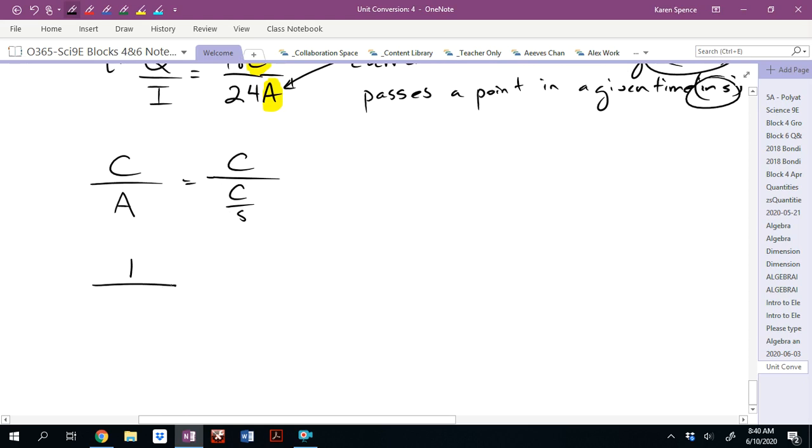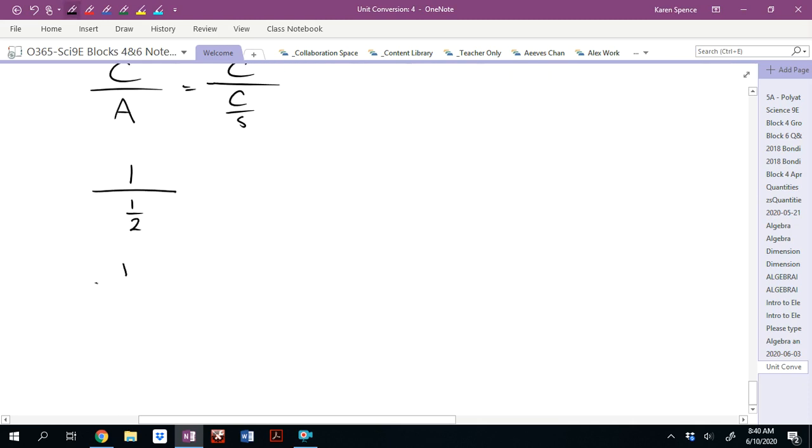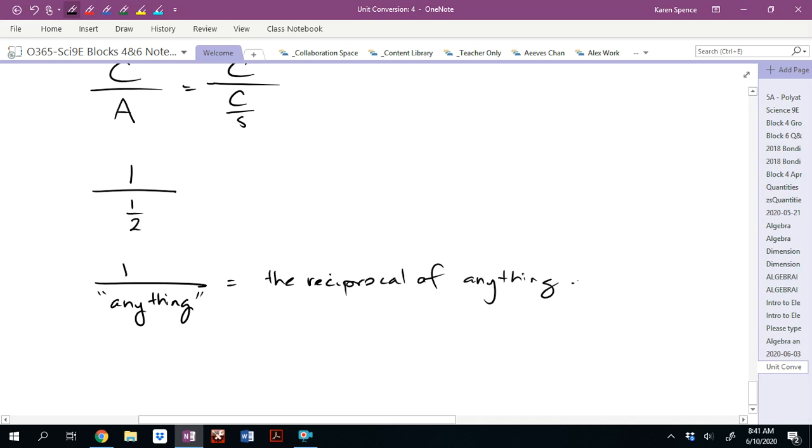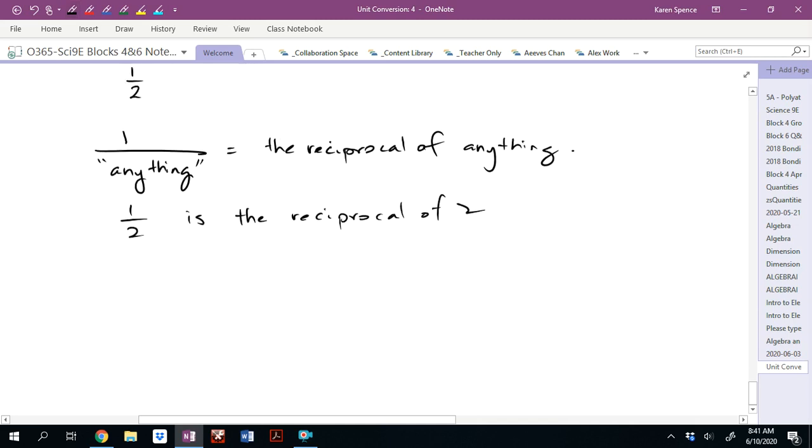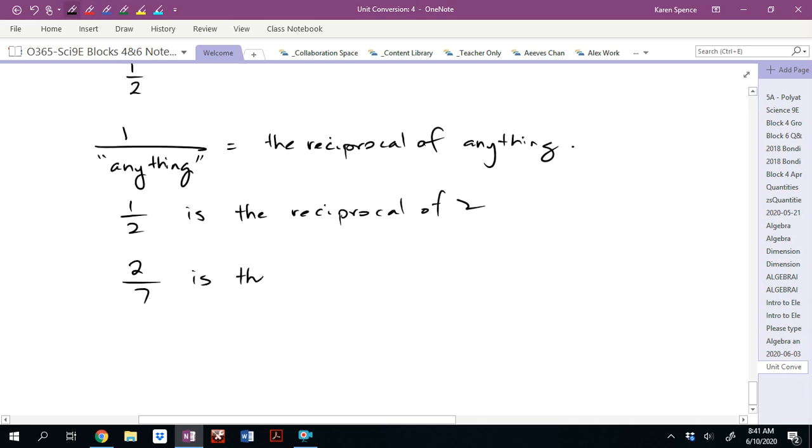If I had a complex fraction that looked like this, 1 over a half, 1 over anything is equal to the reciprocal of anything. 1/2, for example, is the reciprocal of 2. 2/7 is the reciprocal of 7/2.